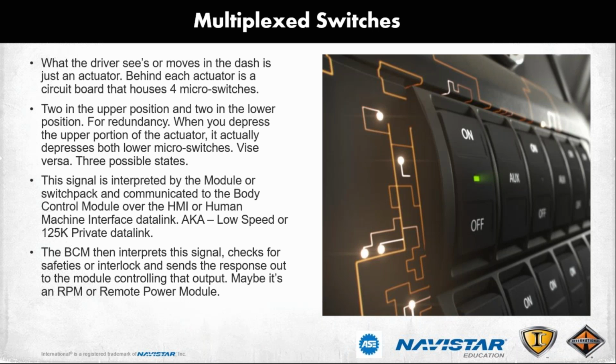It's simple. When you push one of these actuators, the input is received with the micro switch, and the switch pack module will report down that HMI data link to the body controller. If it's a direct output of the body controller, it's going to command that. If it's an RPM module, it may command the RPM module. First, before it does that, though, it's going to look for any interlocks or safeties that are tied into it.